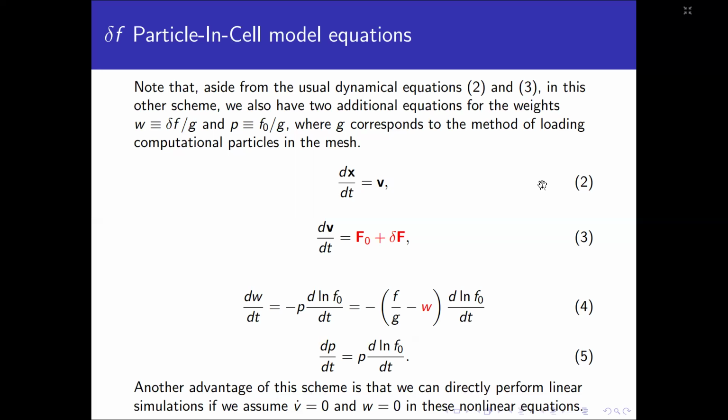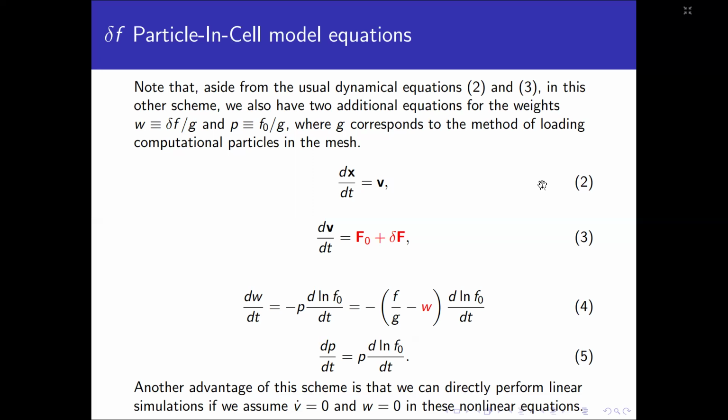The W and P. And W is related to the perturbation in the distribution function, and P is related to the equilibrium part of the distribution function. Okay, so normally we use these equations to perform a delta F particle in cell simulation.